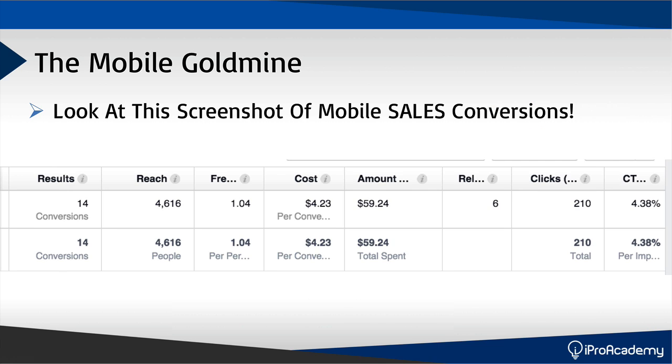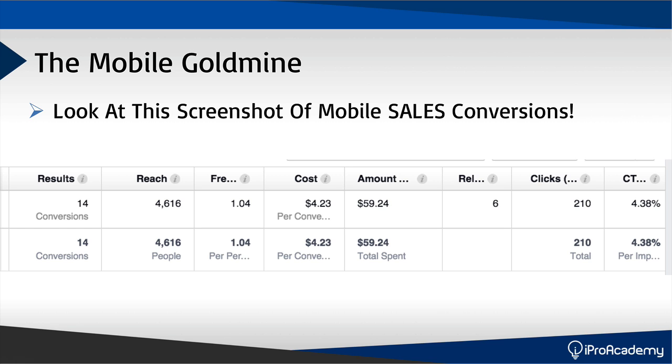And look at this screenshot of the mobile sales conversion. This is a screenshot of a campaign I ran, and this conversion data, obviously these 14 are all sales of a product. And now I'm paying only $4.23 for a sale. Let me repeat that. This is not a lead. This is a sale. I actually made money per conversion.